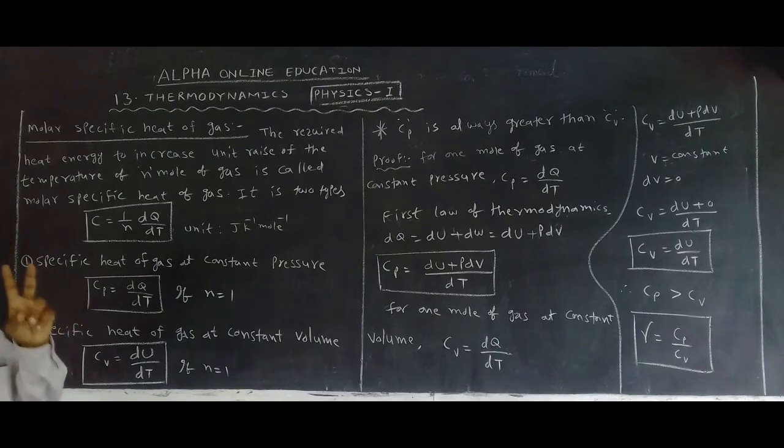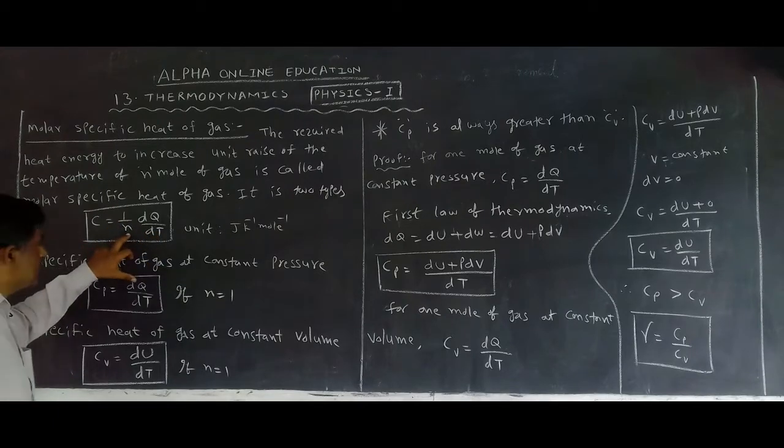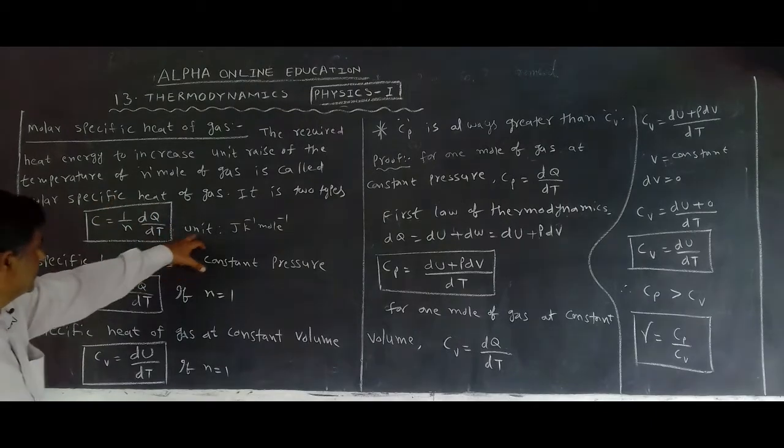It is of 2 types. Now, what is the mathematical expression for the molar specific heat of the gas? C is equal to 1 by n dq by dt. What is n? Moles.